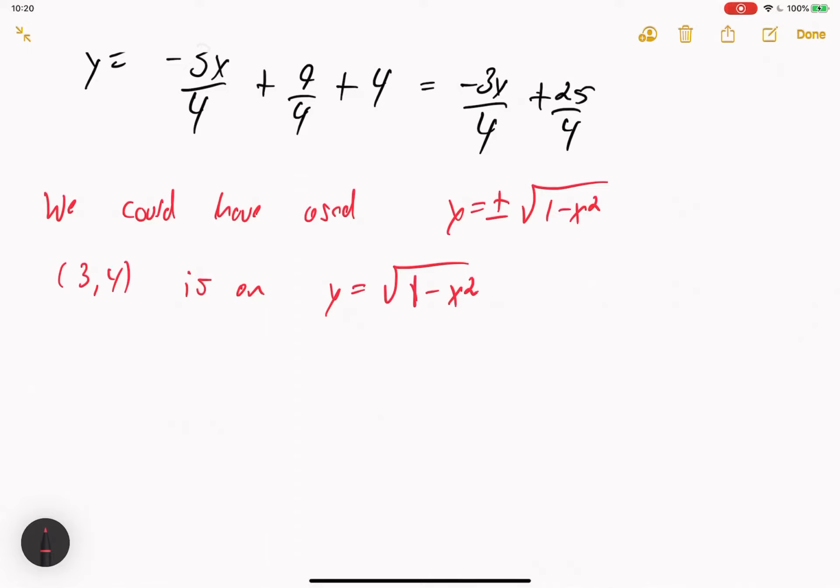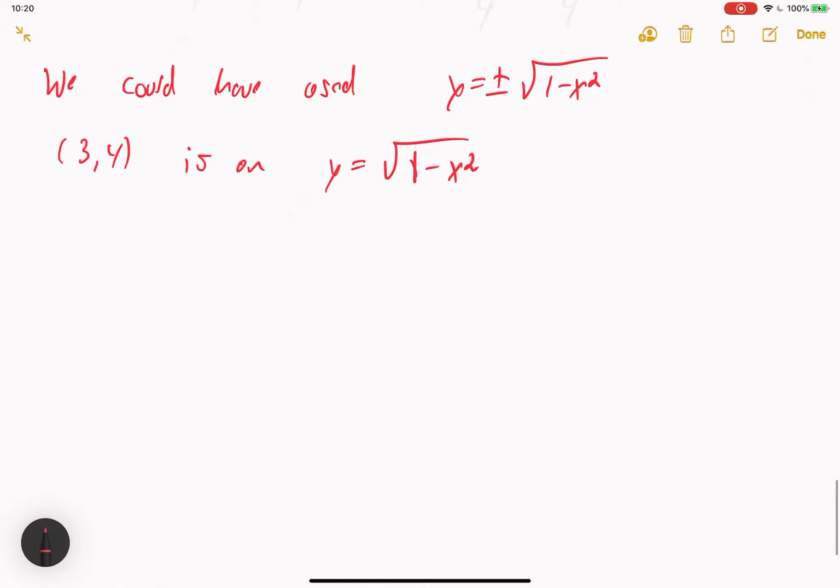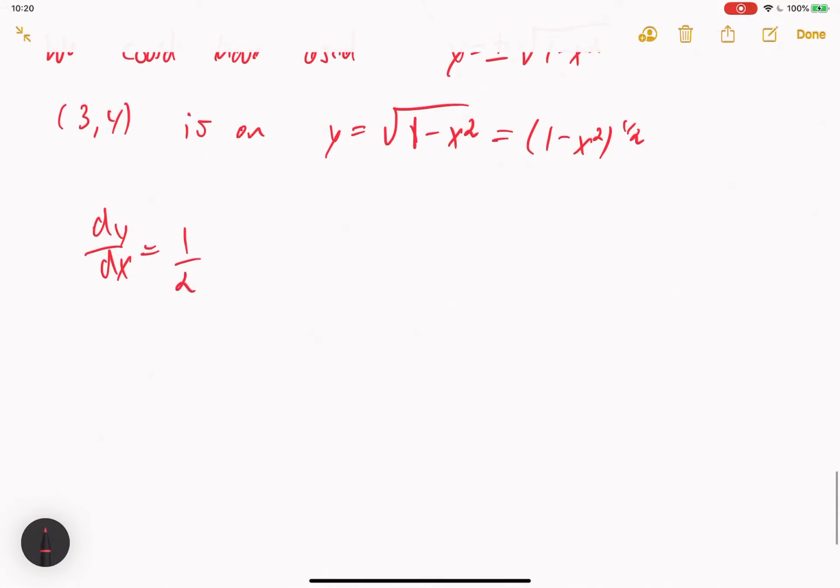So if you want to find the tangent line here, all you have to do is take a derivative at this point. So we get dy/dx is equal to, this is the same thing as 1 minus x squared to the 1/2. So we bring down that 1/2. We still get 1 minus x squared on the inside.